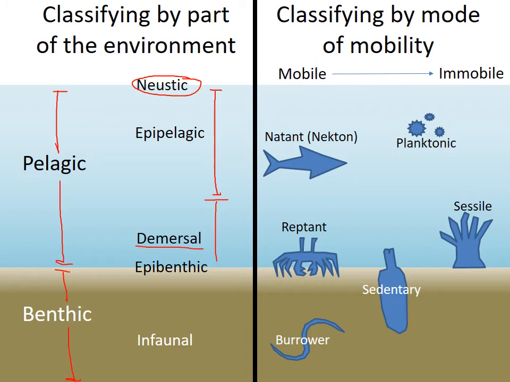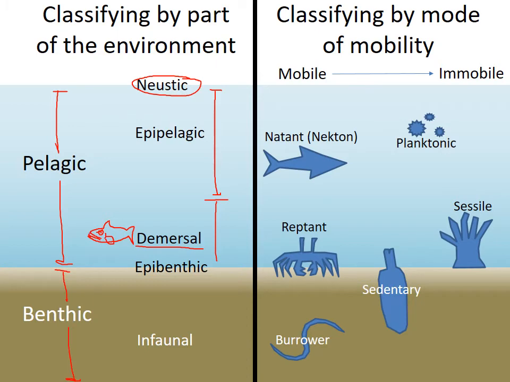So a fish like a grouper that lives near the bottom and in association with the bottom would be considered a demersal fish. There's a grouper with its big lips.